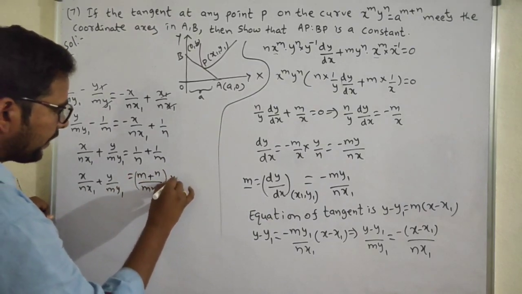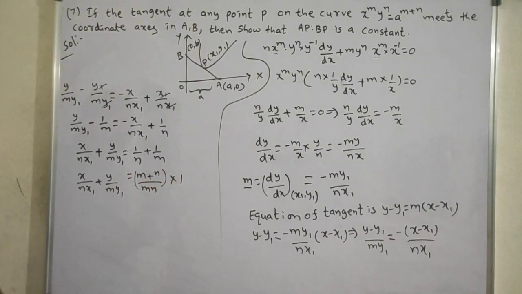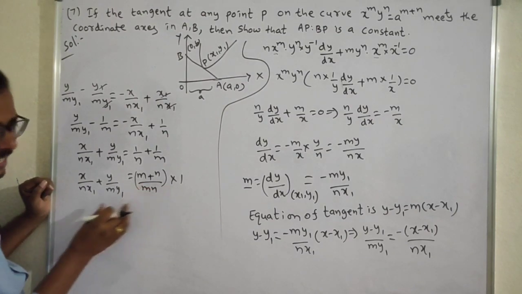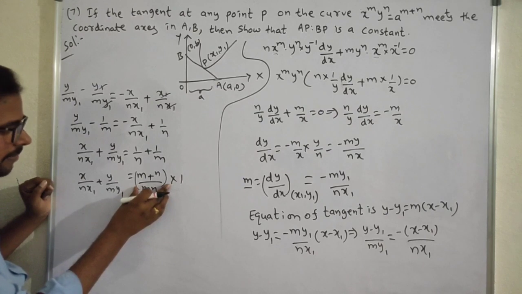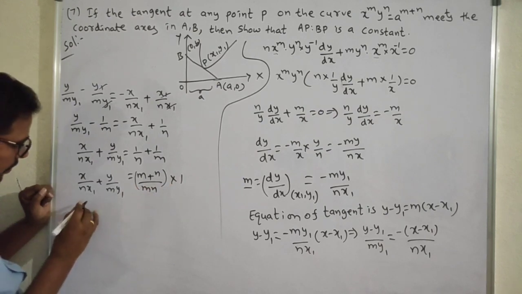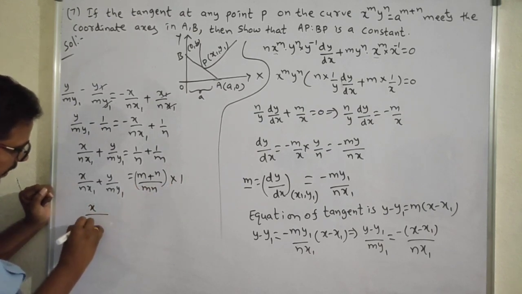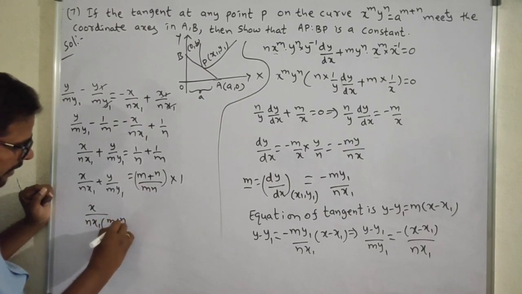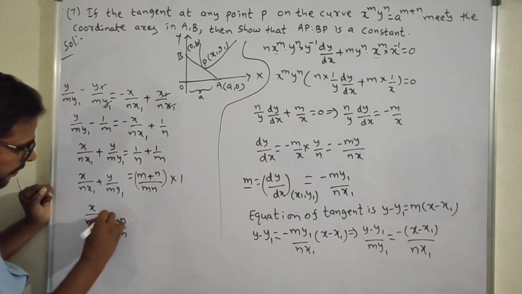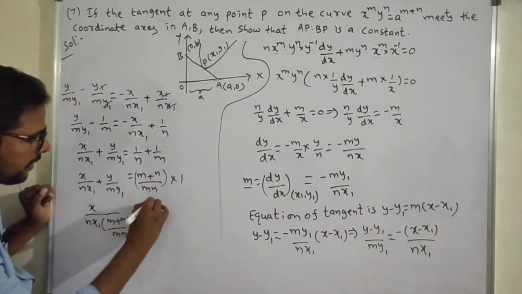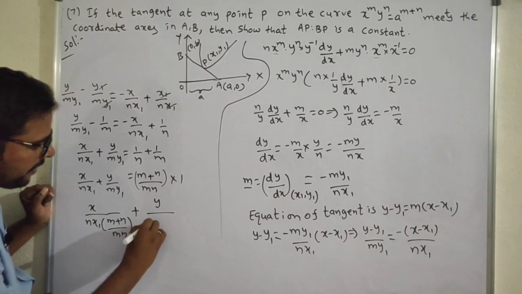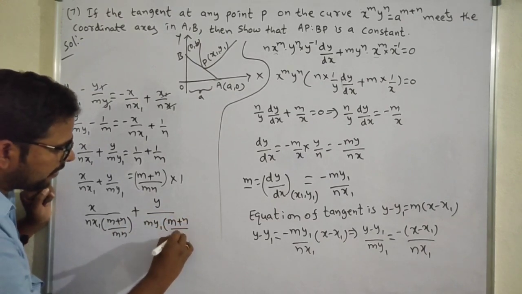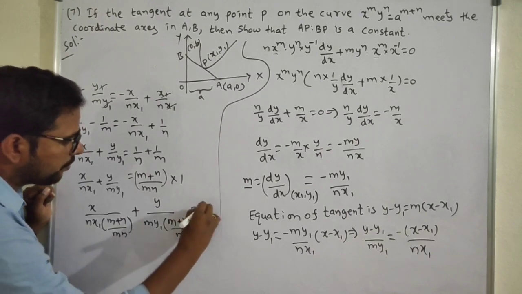Send this term to the left side, so it divides the LHS. So what comes: x by n x1 into m plus n by mn, plus y by m y1 into m plus n by mn is equal to 1.